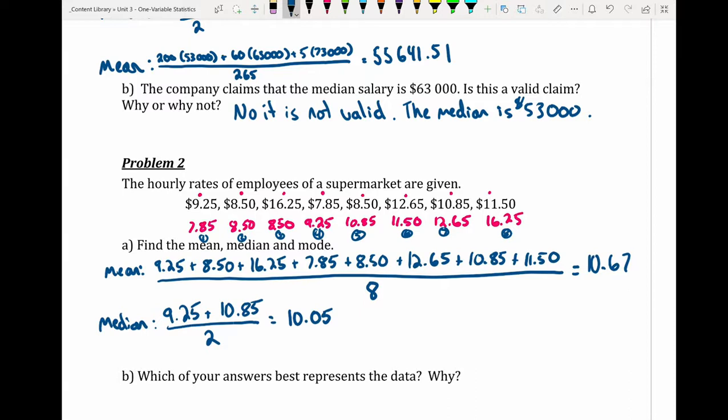So basically what you're doing is you're finding the value in between these 2 numbers. So my median is 10.05. And lastly, my mode, which one occurs the most. It helps when I put them in order because I can see which ones are multiples. The mode is 8.50.